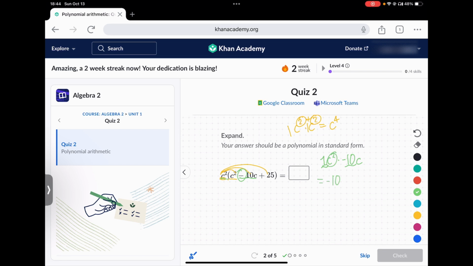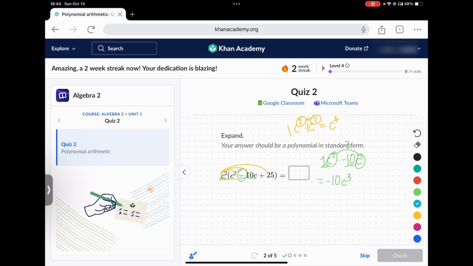And if you multiply these two unknown quantities, c is omitting 1 as the exponent, and you add these two exponents up, it's going to be 2 plus 1, which is 3, so it's going to be negative 10c cubed.